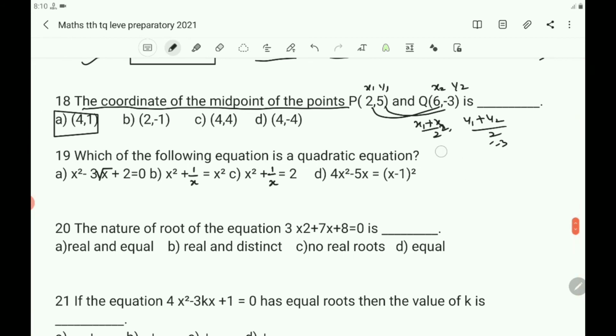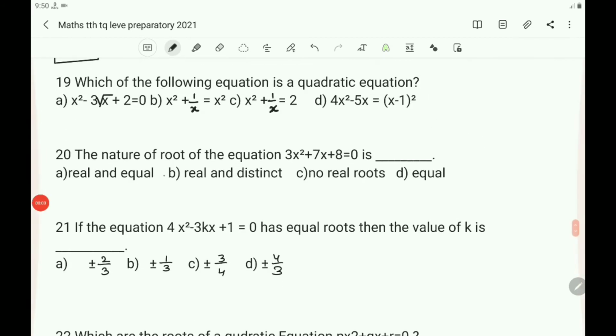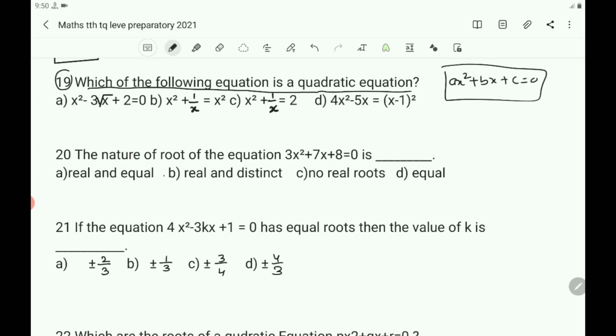Then you take the next one. Now take the 19th question. Which of the following equations is a quadratic equation? You know the standard form of the quadratic equation, ax square plus bx plus c equals 0. If the equation is in the form of ax square plus bx plus c equals 0, then you can say that it is a quadratic equation.